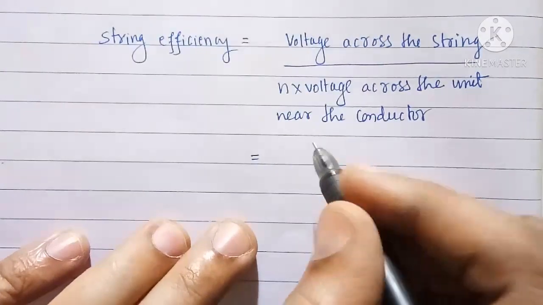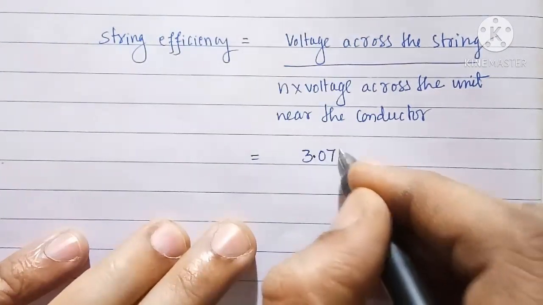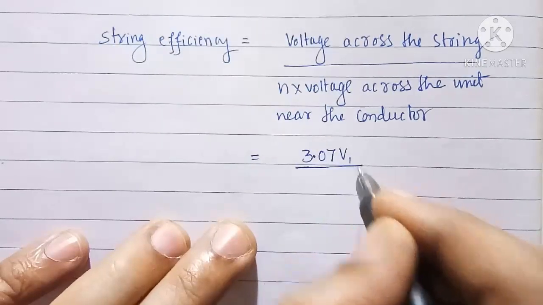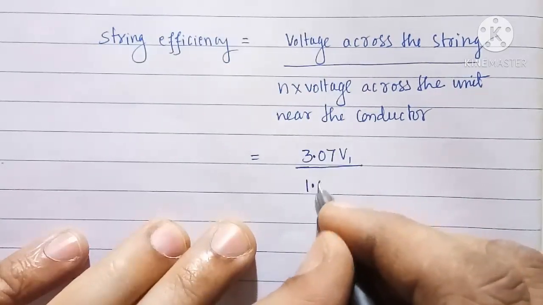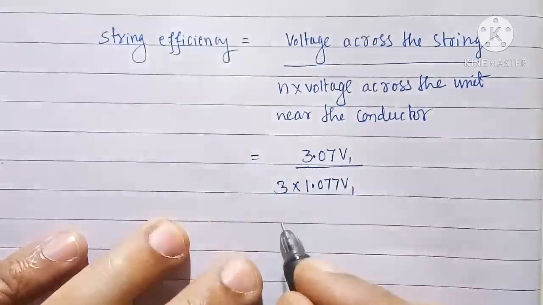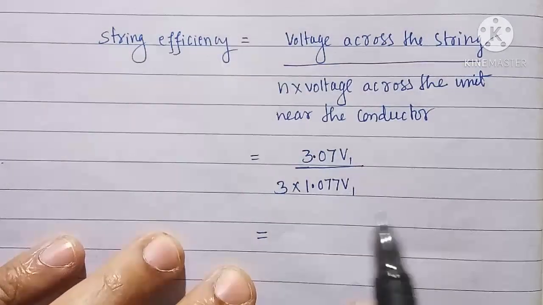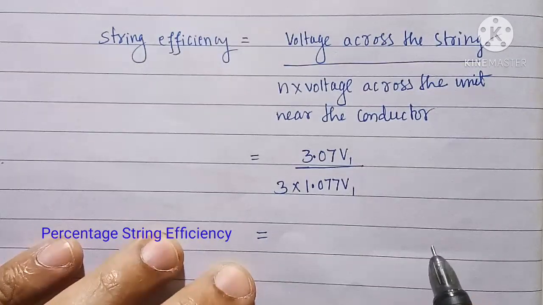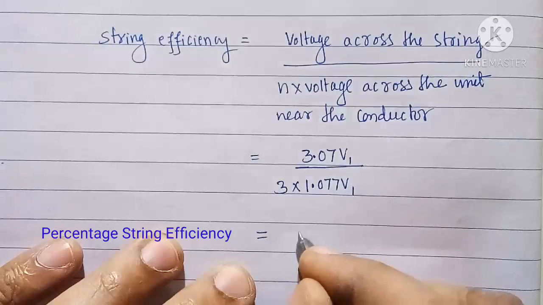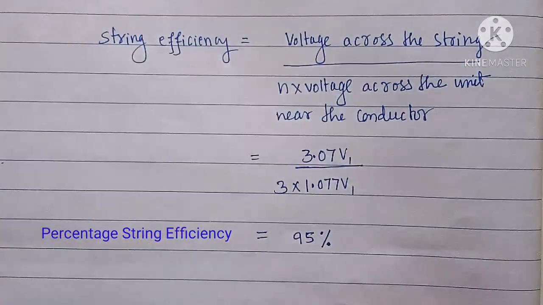That is equal to 3.07 times V1 upon 1.077 V1 into 3. This will be equal to 95%.